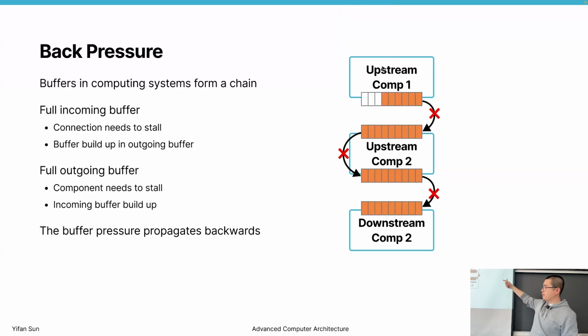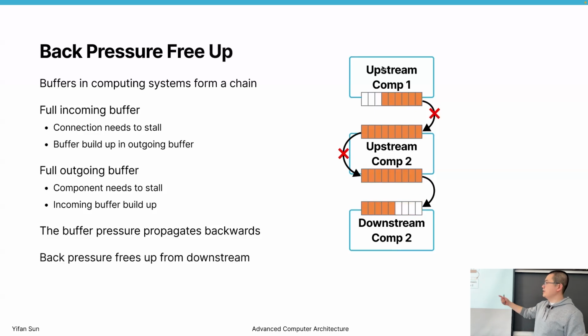So the pressure propagates backwards from downstream to upstream. It's a different direction from how we send the messages. When the pressure frees up, hopefully because a component starts to process faster, it will free up some buffer slot, then that one will move down.